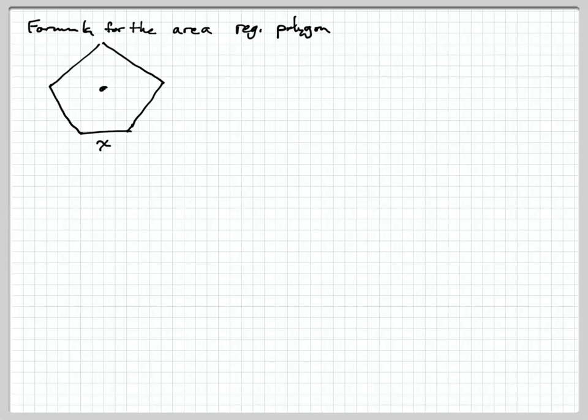Okay, so we have some measurements that we definitely need. We need to know what the radius is, and we need to know what the apothem is. And this is the trick though.